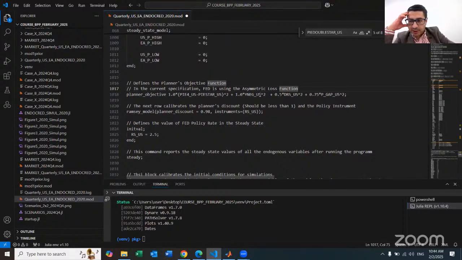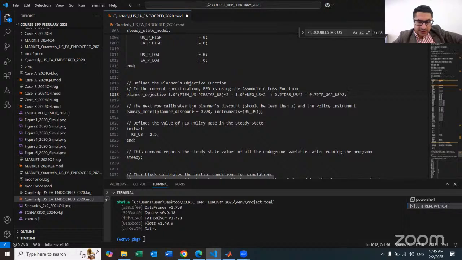This is more or less consistent with their approach of doing monetary policy. And we are saying don't allow very huge jumps in the interest rate. That's why we are putting as another component of the loss function the change in the policy rate and also the price level, because the Fed is doing average inflation targeting and they are looking at the price level.